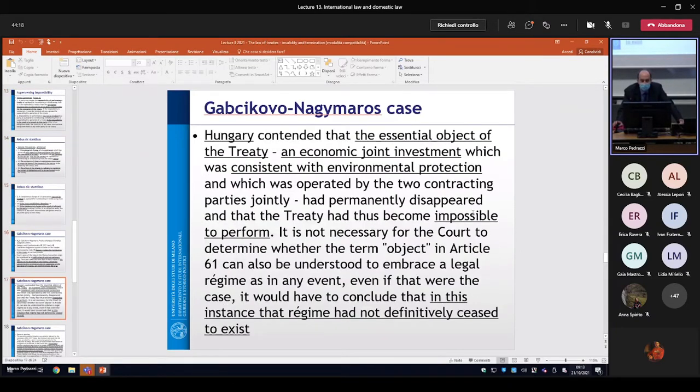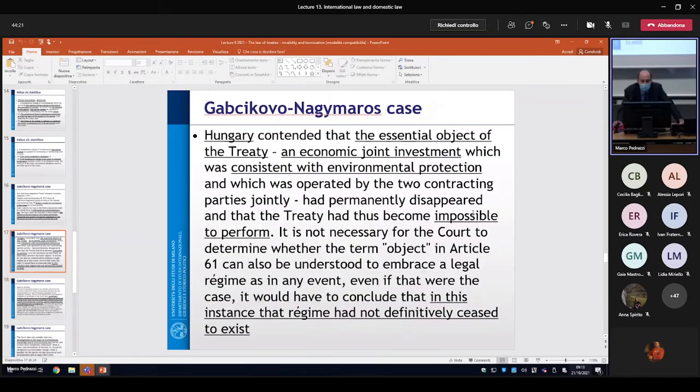So the court is saying, I do not have to decide whether the term object can also be understood to embrace a legal regime, because even if that were the case, in this instance, that regime had not definitively ceased to exist. Why?